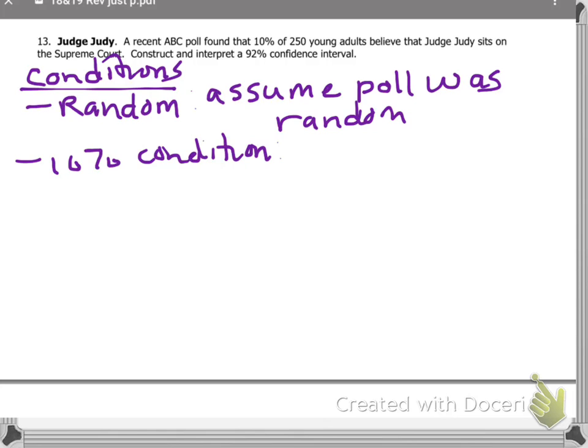And so I'm going to say 250 is less than 10% of all young adults.